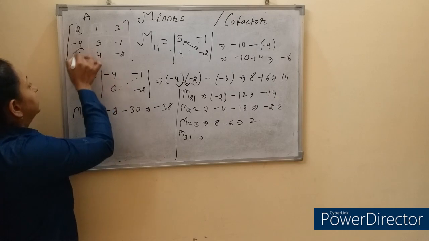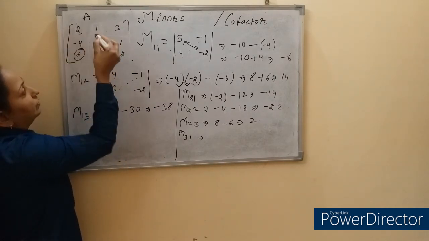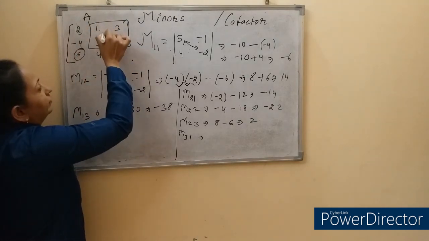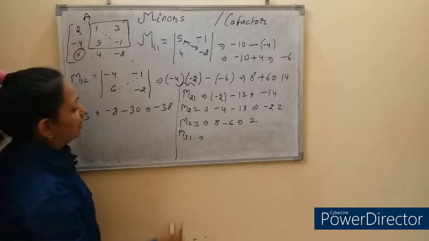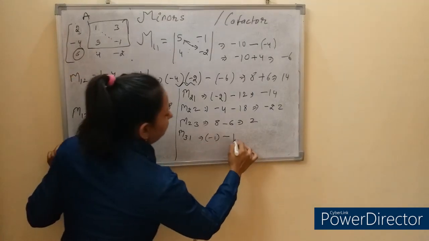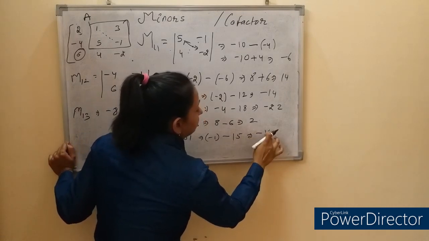I am working on this element now, so I will eliminate this row and this column. The remaining elements will be these 4. So I have to find the determinant, so I am multiplying these two elements, that is minus 1 and minus 15. So it will be minus 16.